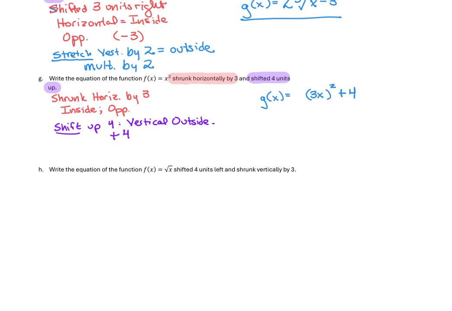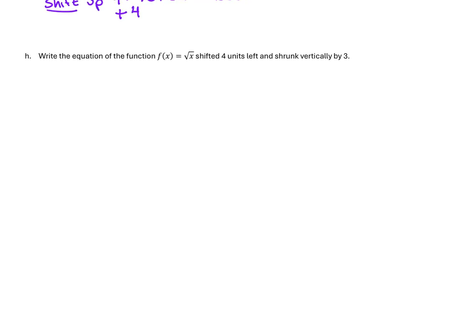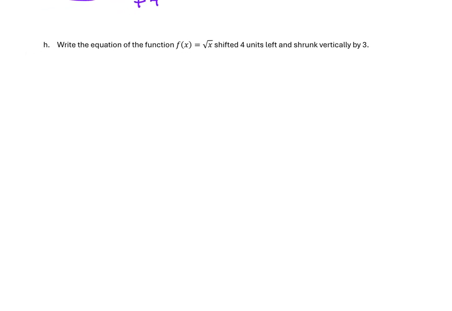All right, last one. We want a square root function. We want to shift 4 units left. And so if we start with our function, we have g of x equals square root.